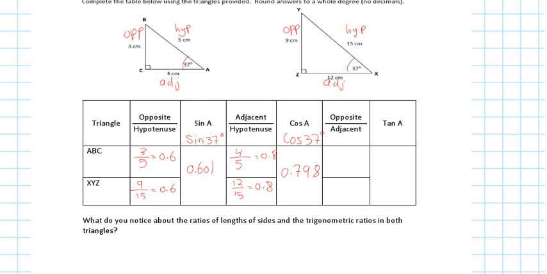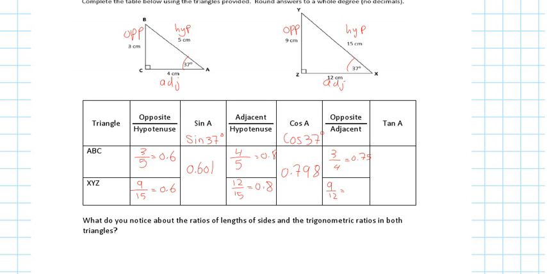Okay, let's do the next one. What's the opposite over the adjacent? Opposite is 3, adjacent is 4. What's 3 over 4? 0.75. And in triangle XYZ, I have 9 over 12. Does anyone not know where I'm getting all these numbers from?